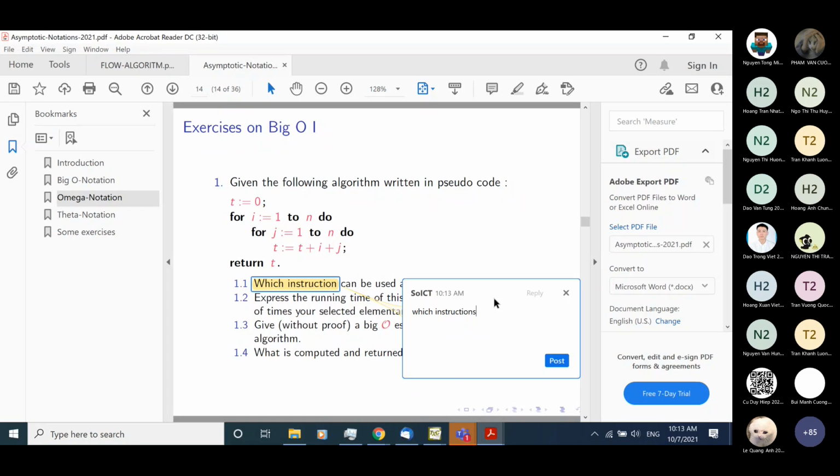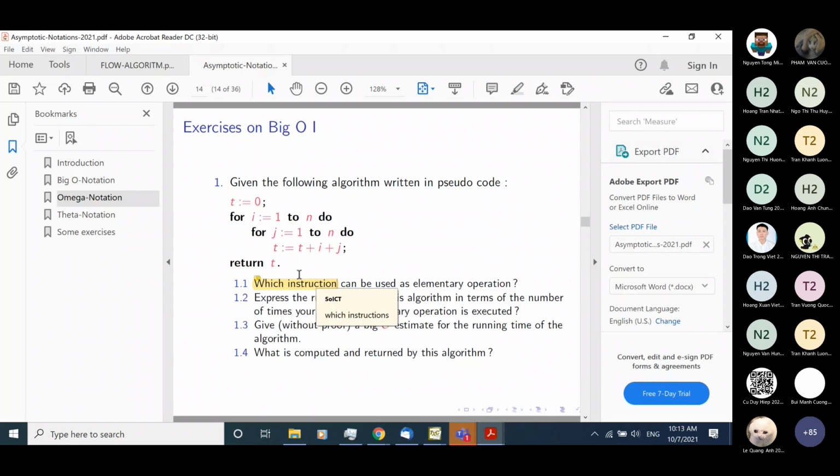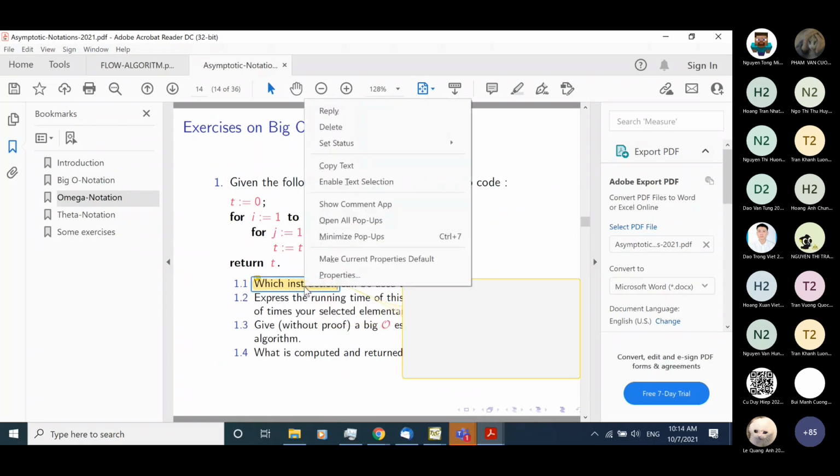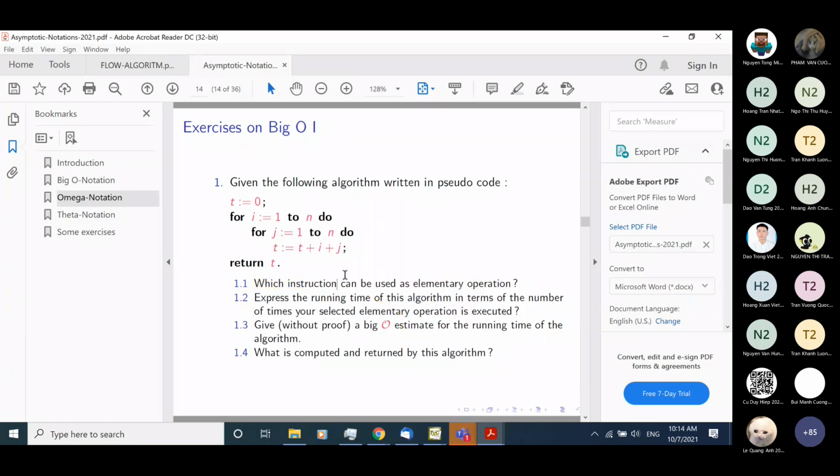If somebody wants to change all the places that are not consistent in the introduction slides, you can do this and then send me the slides with your modifications. I guess you all have a PDF reader, so you can use this function to highlight some text and then indicate the modification using the sticky notes.